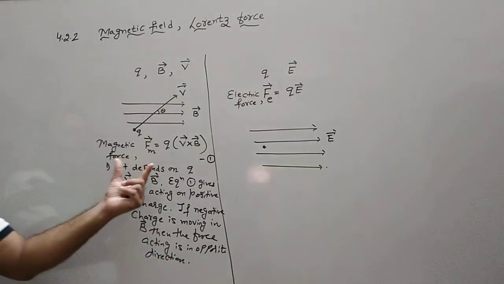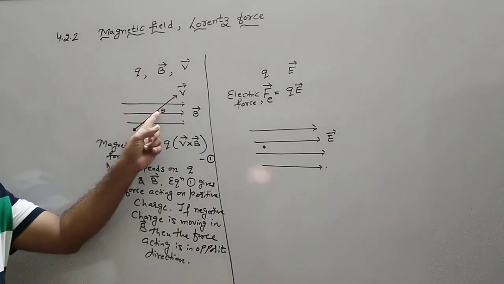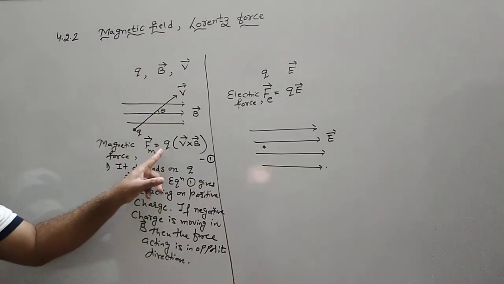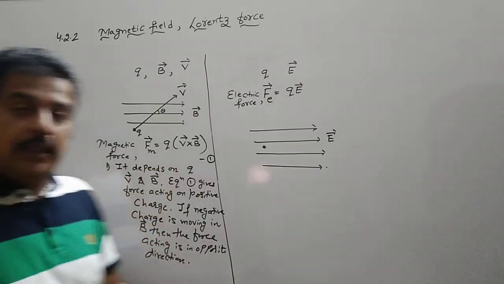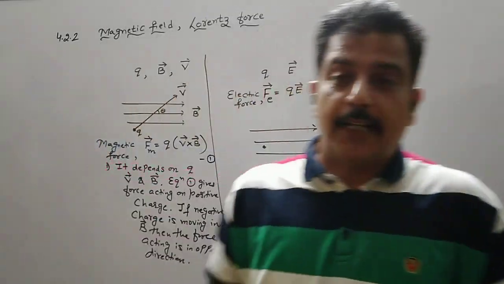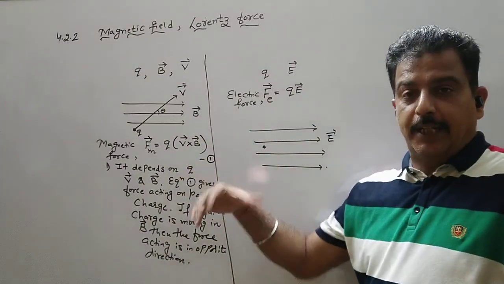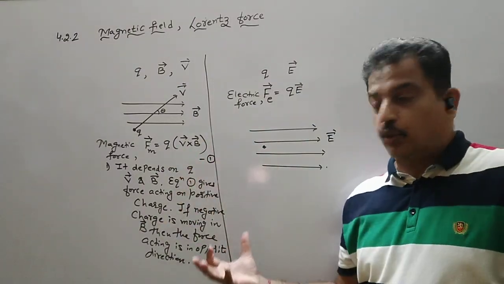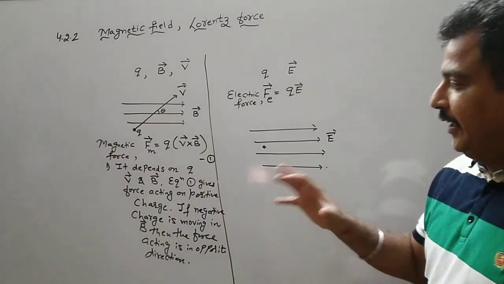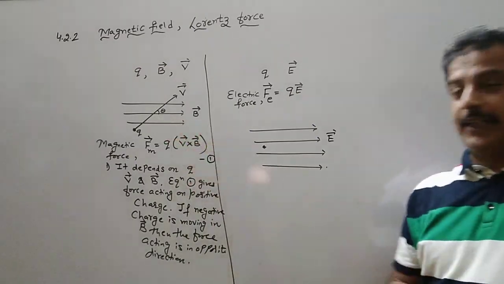That is common sense. Suppose a proton is entering, so we will write e here, small e, that is the charge on a proton. And if an electron enters, we will write minus e. So the direction of the force acting on the positive and the negative charge should be opposite to each other. And it depends on these three physical quantities.